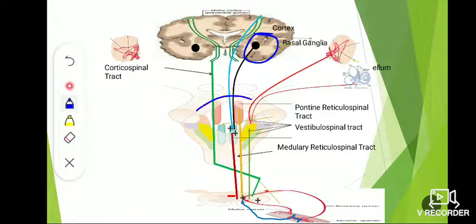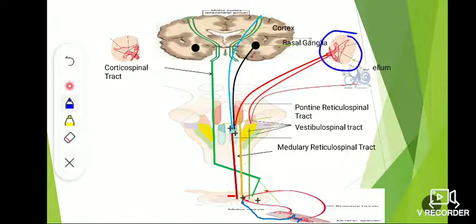So this brainstem is basically under control from the higher centers. One influence is coming from cerebellum. So you can see here all three are basically exciting this reticular formation.